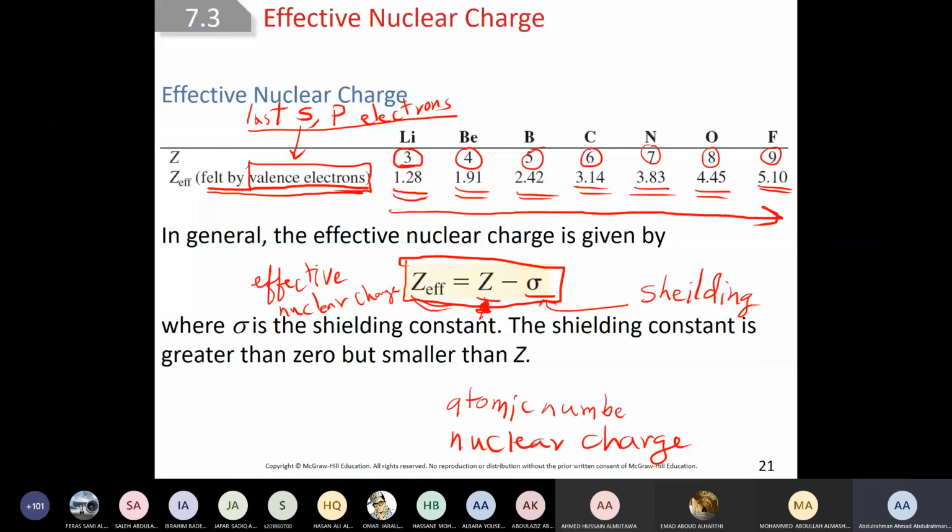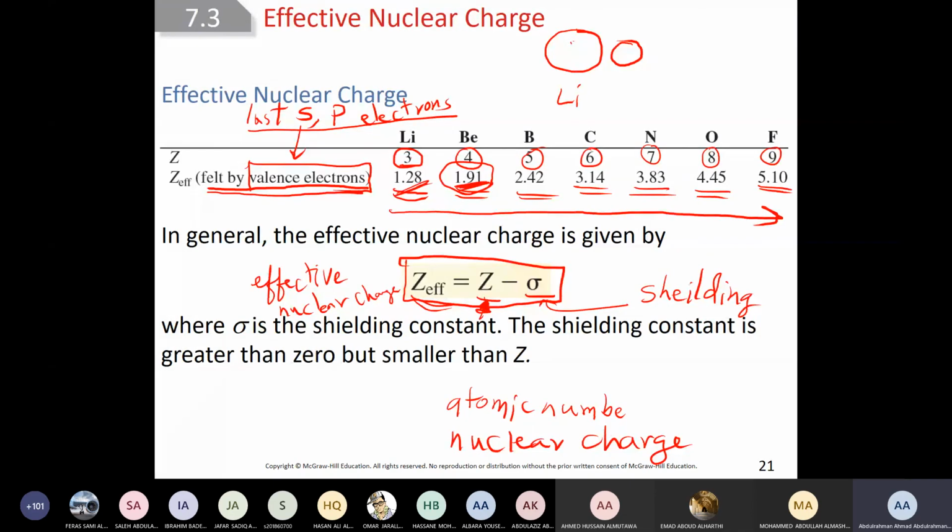Because it is increasing, what will happen to the size of the atom? If lithium is this big, if you go to Be, the effective nuclear charge is stronger. So what will happen to the size of Be? Be will be less in size, smaller than lithium, because there is more effect of the nucleus than this one.